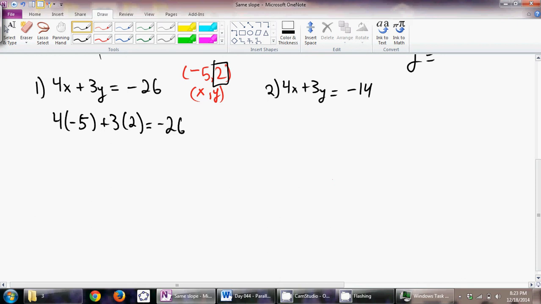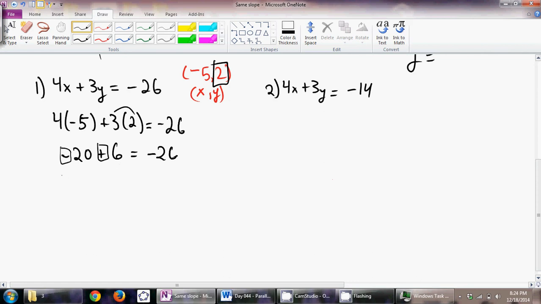Well, let's just do the math now. This is all arithmetic. I'm just checking to see if this is a valid equation, if it's true. 4 times minus 5 is minus 20, plus 3 times 2 is 6, equals minus 26. Well, if you have $6 and you spend, negative is spend, plus is you have.